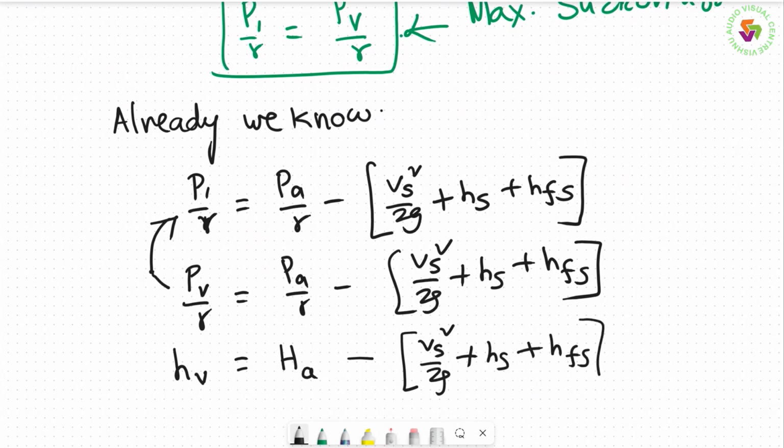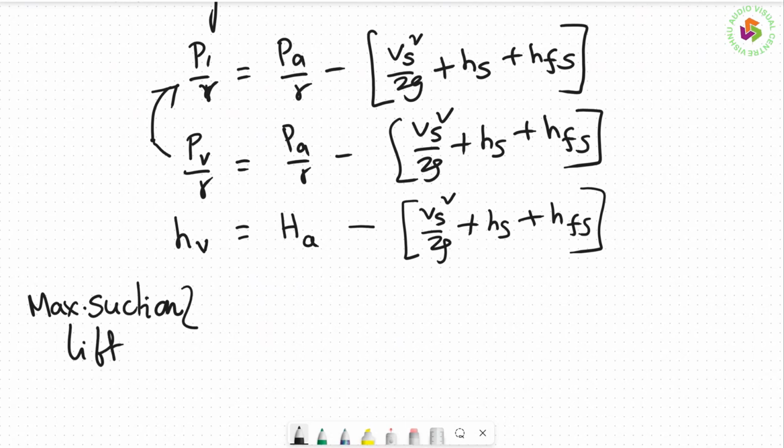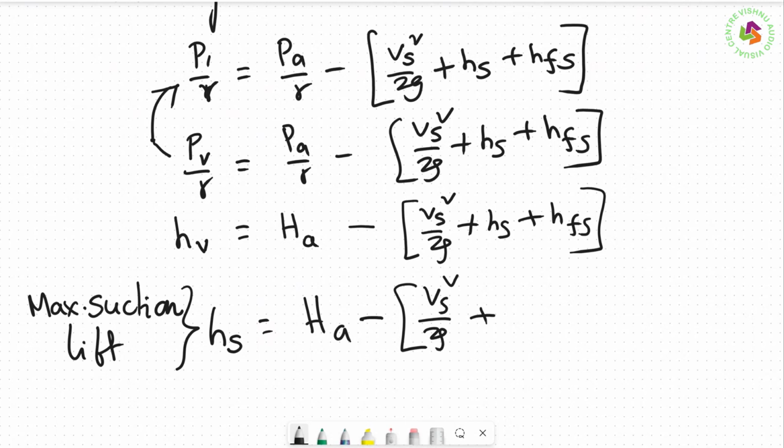My objective is to put everything into heads, because finally I want the maximum suction lift, which we call Hs. So if I bring Hs to one side, it is Ha minus Vs squared by 2g plus Hv plus Hfs.